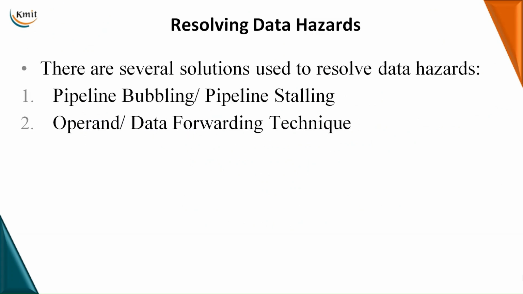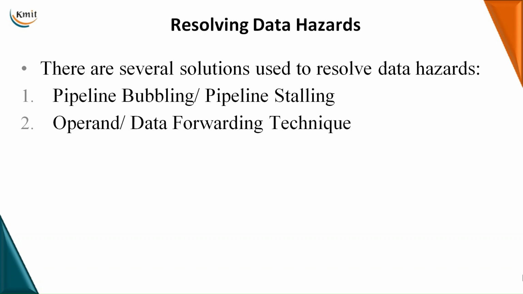In the previous lecture, we have already discussed what a data hazard is and what the different situations are in which a data hazard condition occurs in a pipeline. Basically, a data hazard is a situation caused between instructions which are being executed simultaneously in the pipeline when there is a data dependency between two closely spaced instructions.